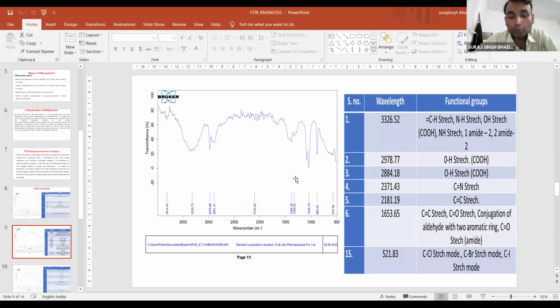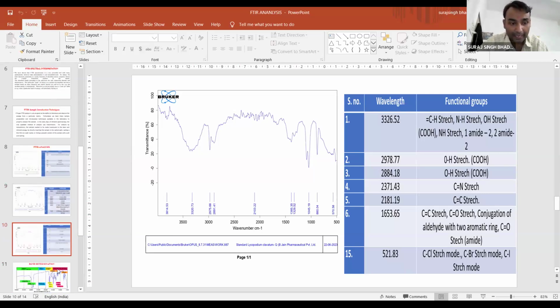So when you interpret this type of spectral analysis, you can standardize your medicinal product, your remedy, and your mother tincture, mother solution, and the mother powder. So this is in general spectral interpretation.